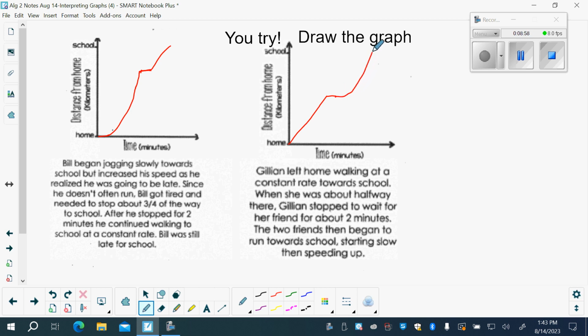So we want to make sure, let me write this again. It's hard to draw it on here, at least for me. So we want to make sure that we show slow and then fast on that last one. That's the hardest part, I thought, on that.